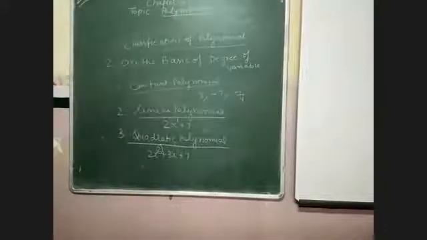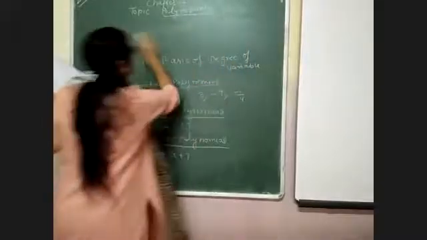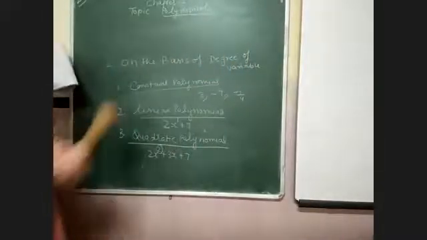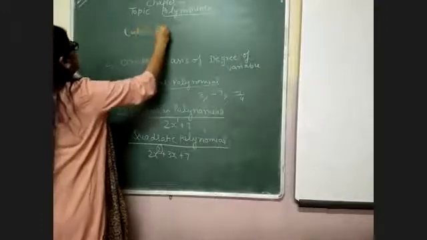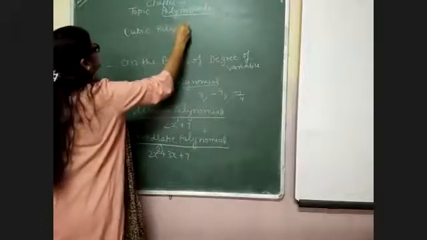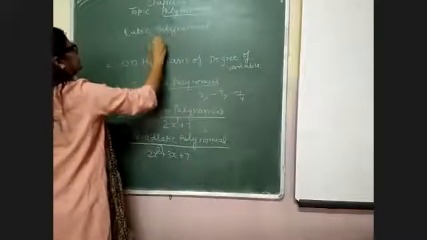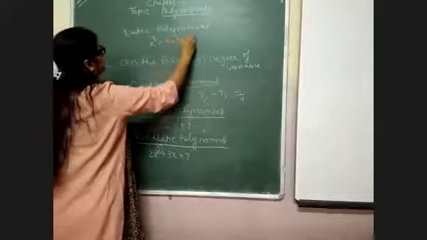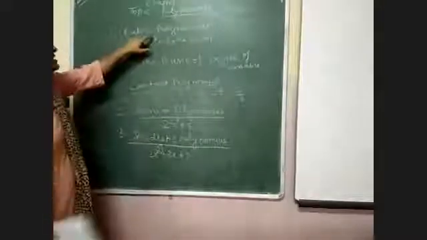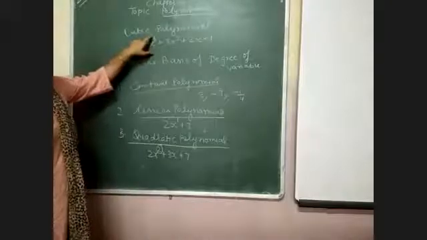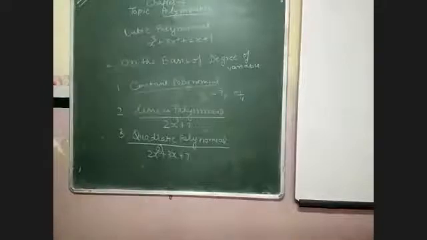And the next one is cubic polynomial. x cube plus 3x square plus 2x plus 1. Here the highest degree is given in the cube, so it is called a cubic polynomial.